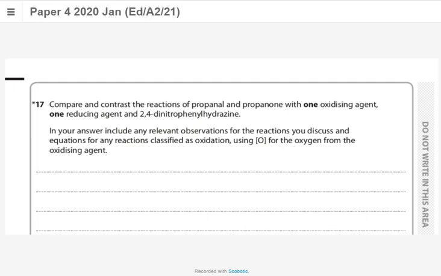If you read the question again carefully: compare and contrast. Contrast here means to show the difference between the two. We have to clearly show the difference between the two. Okay, let's write the answer.